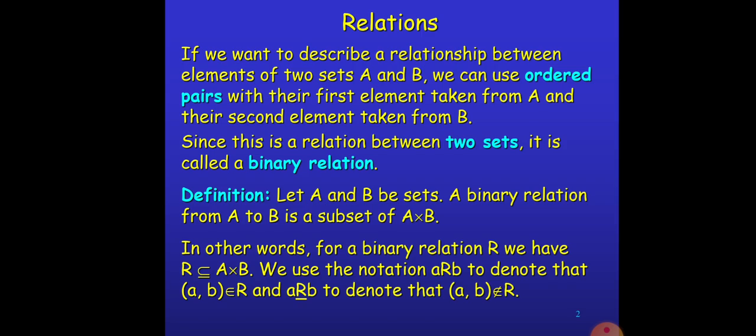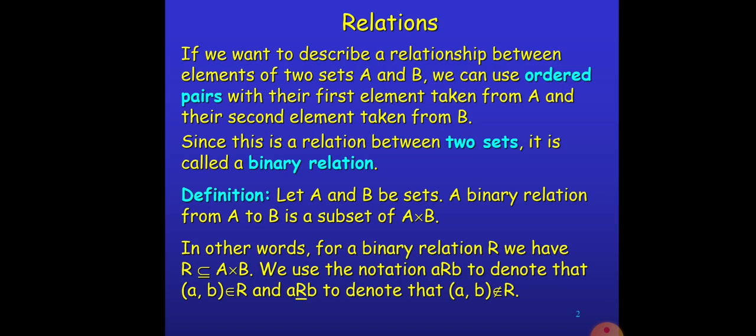Next, in other words, for a binary relation R is a subset of A cross B, where R is our relation set from A to B, and we use the notation a R b, small a, capital R, small b.